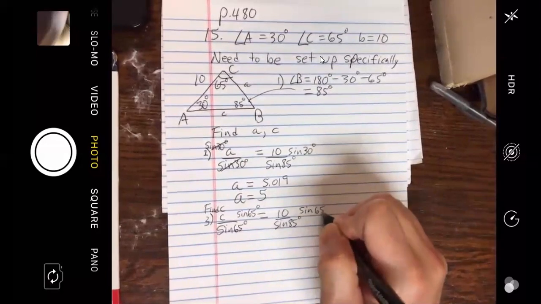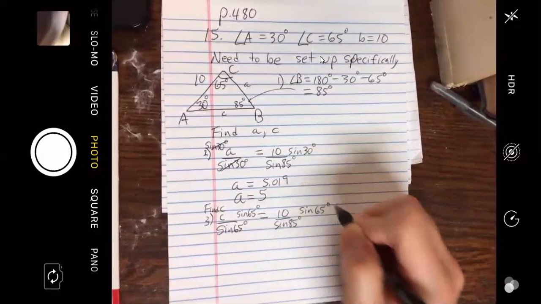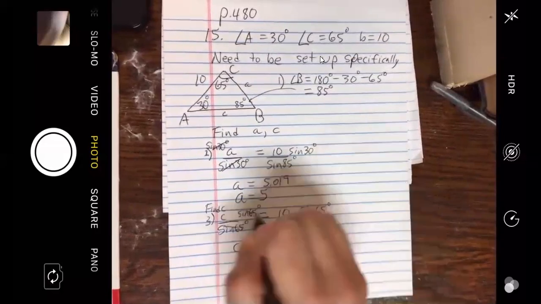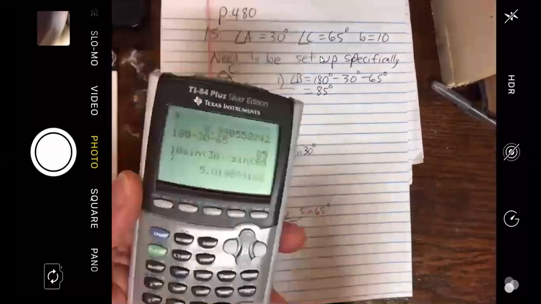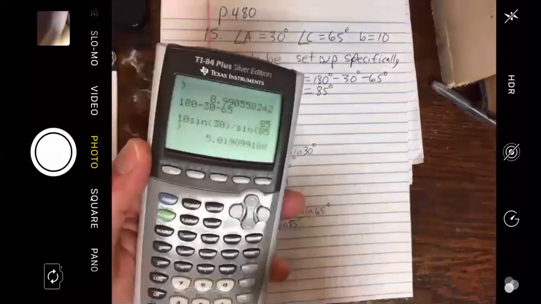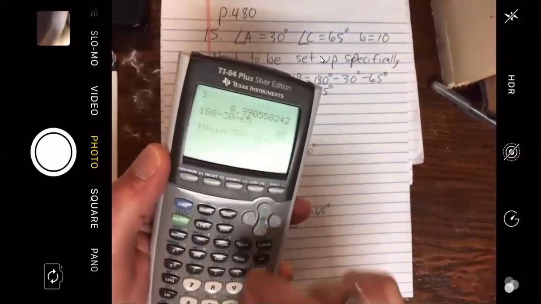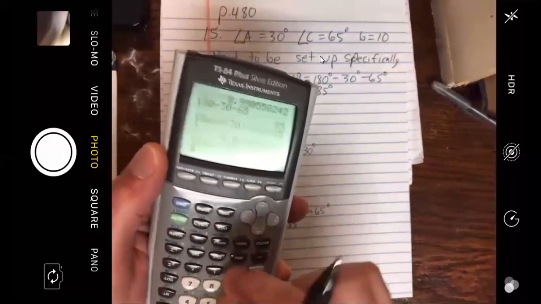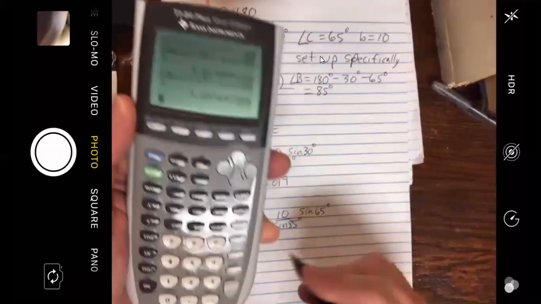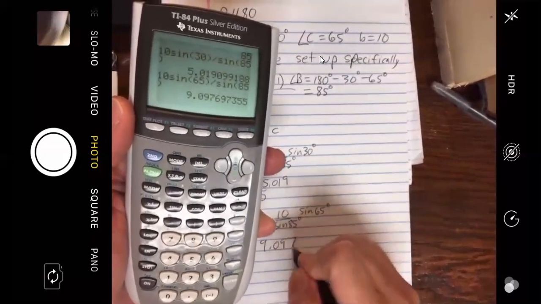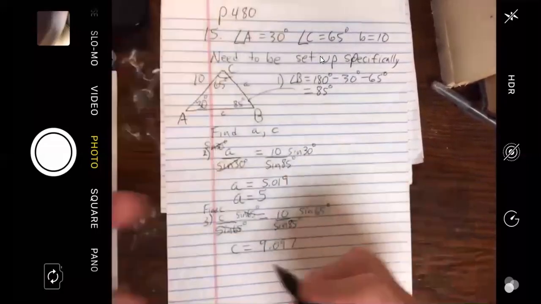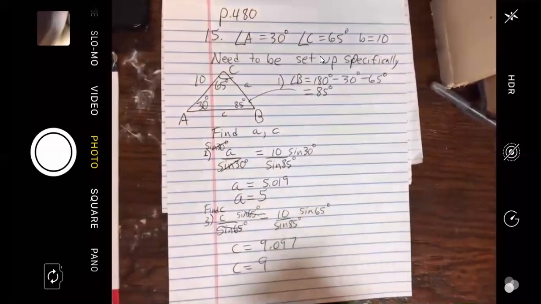C would then equal 10 sine 65 over sine 85. 10 sine 65 divided by sine 85 is 9.097. But again, to their precision, you can just call it 9.